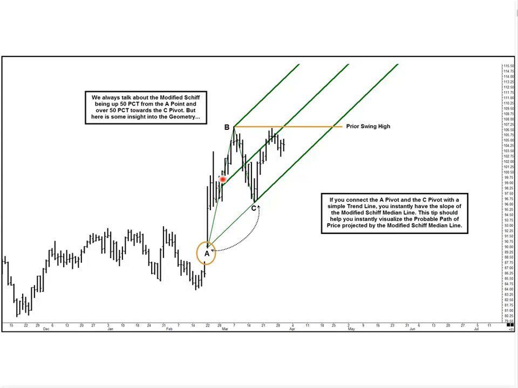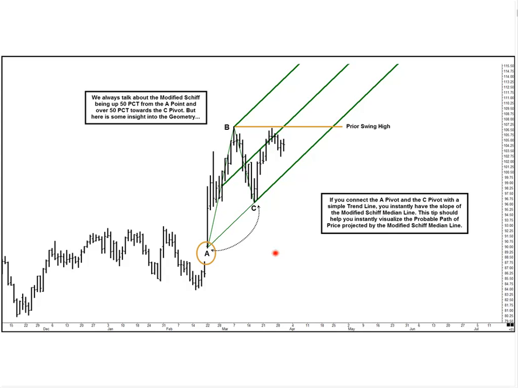That gives us a new A. Yet the statistical testing shows us that this median line, which we call a modified shift, holds up with the same statistics as a traditional median line. A, B, C, 50% probability of reaching the median line.